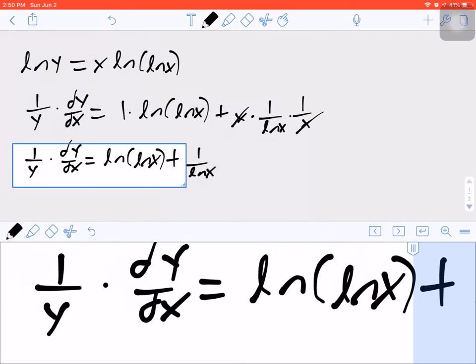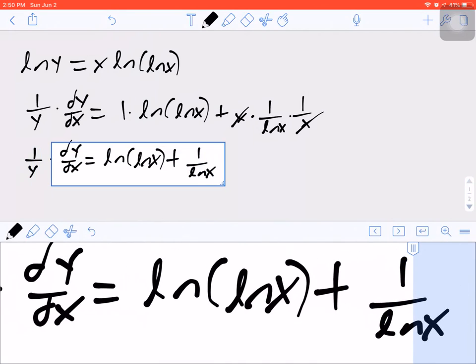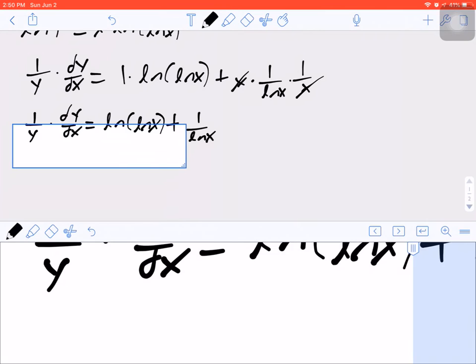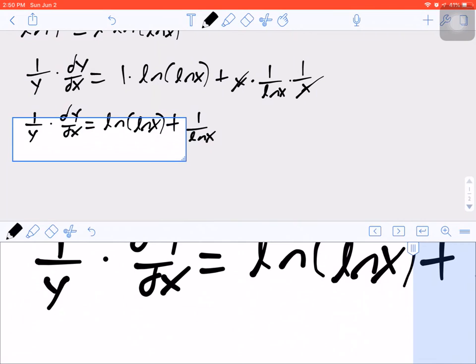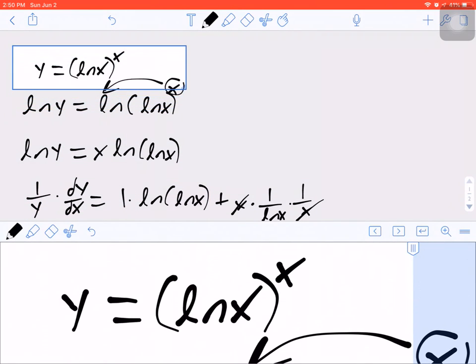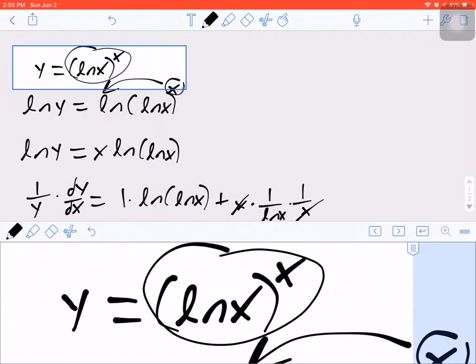So now we need to bring over the y, so the dy dx can be isolated. When we multiply by y, we want our answer in x's, so we can substitute x to the x power for y.